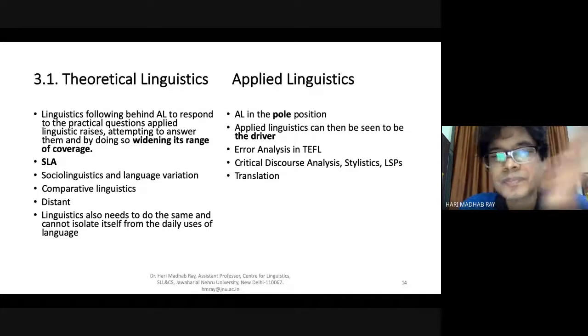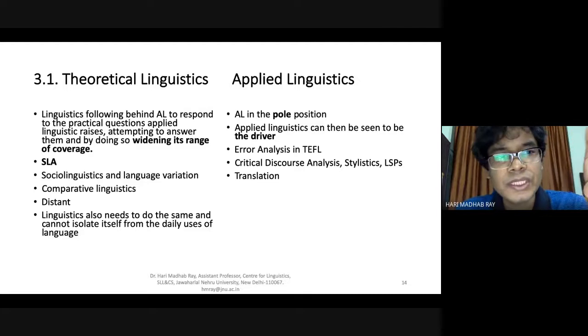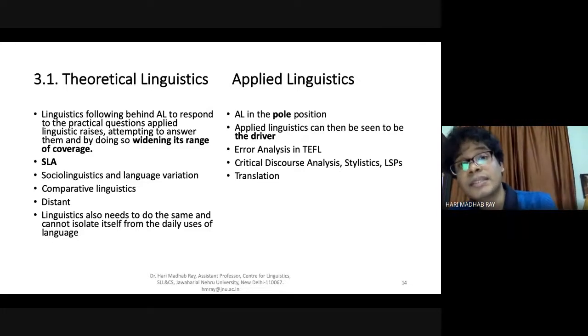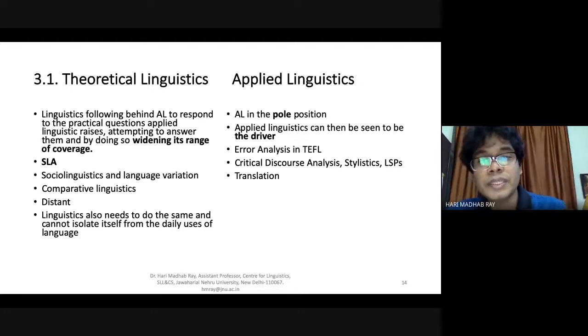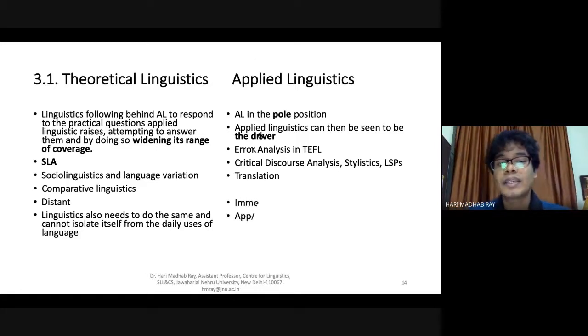And this is where lots of data and lots of things were also incorporated into theoretical linguistics. Many people got their insights from applied linguistic research and made their own theory. Translation studies is also one of them.